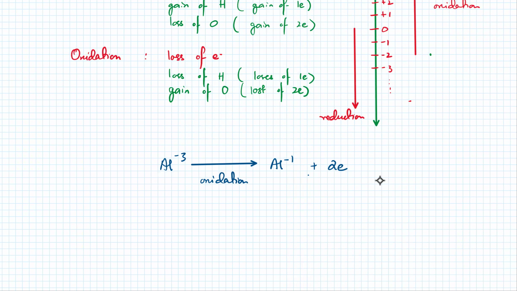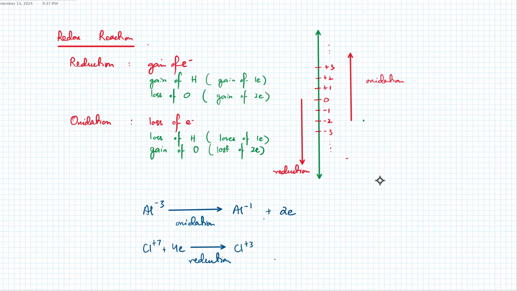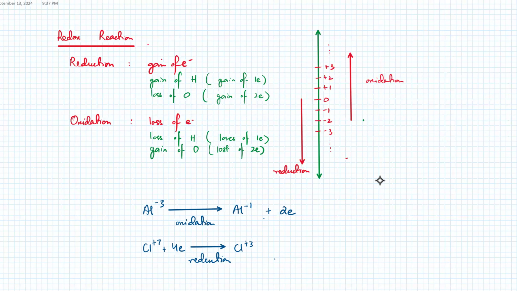And secondly, let's say you've got Cl +7 and it changes to Cl +3. That's again going lower, reduction. It gained 4 electrons, and that's reduction. So you're clear that this is very basic stuff. Is this clear? Yes, sir. Okay, no questions.